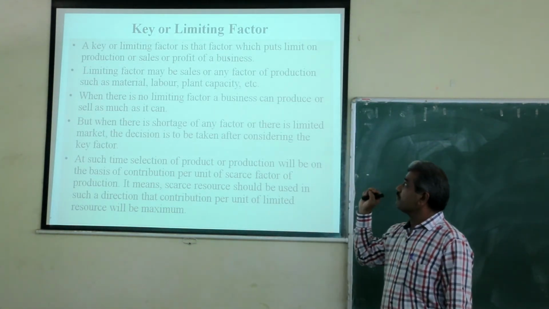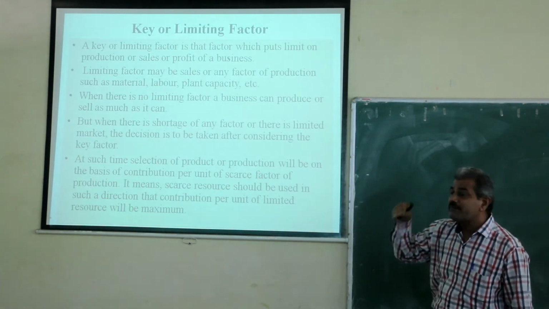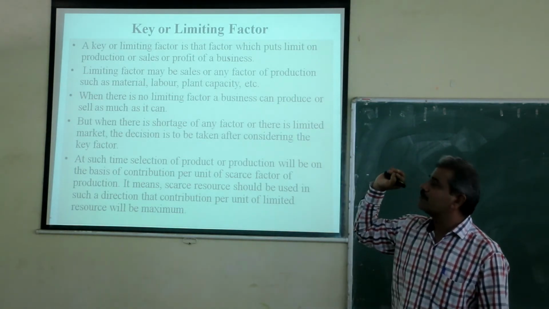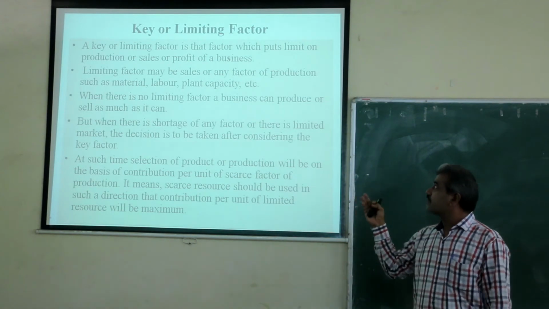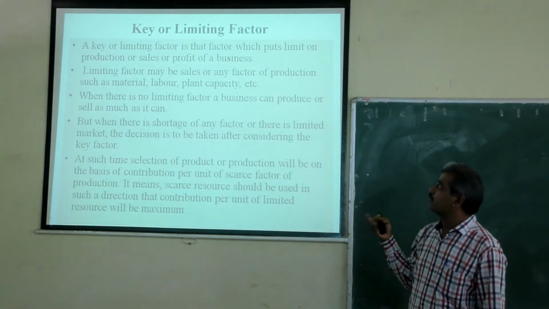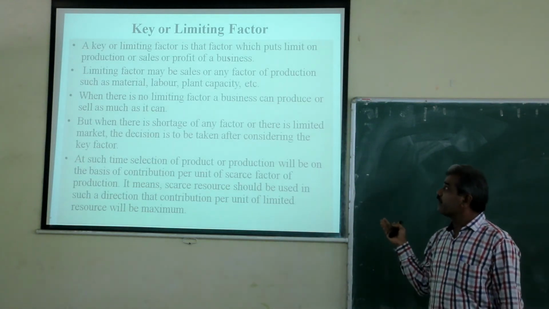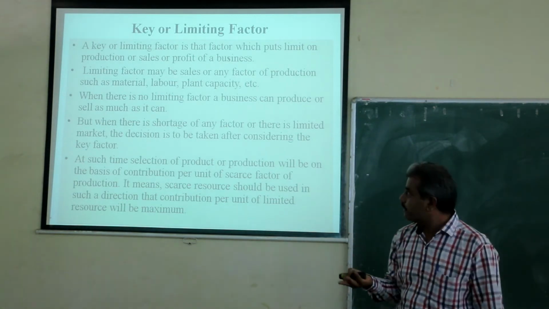A key or limiting factor is that factor which puts limits on the production or sales or profit of a business. Limiting factor may be sales or any factor of production such as material, labor, plant capacity, etc. When there is no limiting factor, a business can produce as much as they can sell.